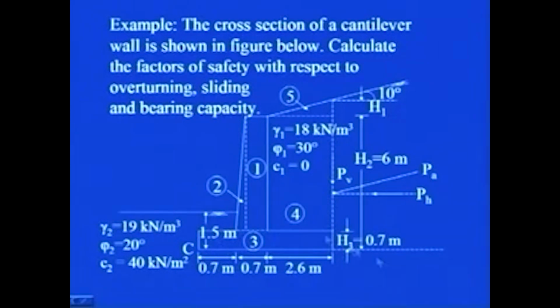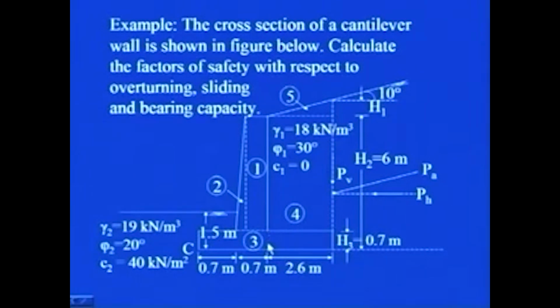The tentative dimensions taken here are: the thickness of the base slab is 0.7 meter. The height from this particular point, the base of the wall, up to here is 6 meters.